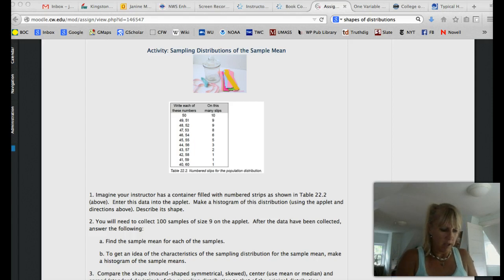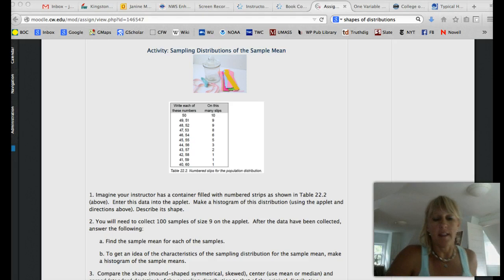All right, I have a 53, 44, 50, 53, 50, 55, 54, 51, and 56. Okay, I added all the numbers together and divided by 9, and my average for this particular sample of size 9 was 51.778. So I would record that on a piece of paper. Okay, and I'm going to put those back into the bin. Put the lid on, shake them up, and then draw another sample of size 9 and do that again.